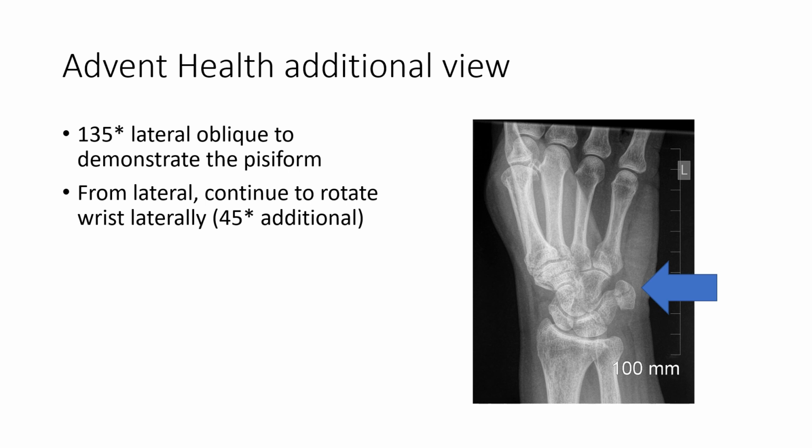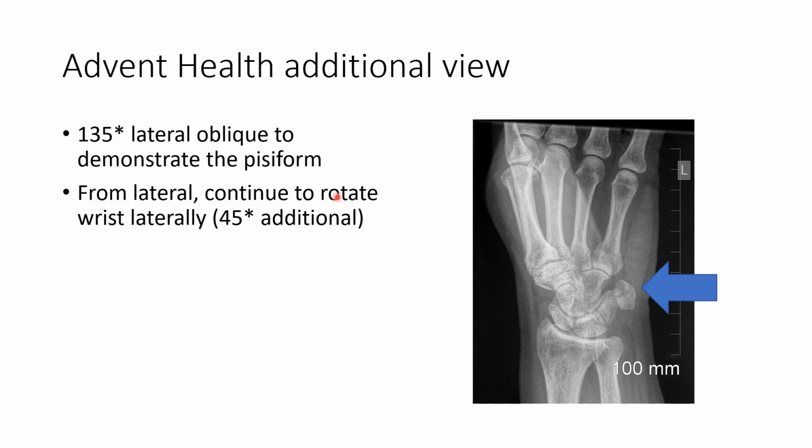Okay, so on this particular image, this is the one where you would have to open up or extend the elbow. It is impossible for most patients to have the elbow flex 90 degrees and roll that wrist backwards 45 degrees. So they would extend their arm out, roll their whole forearm and wrist out 45 more degrees.